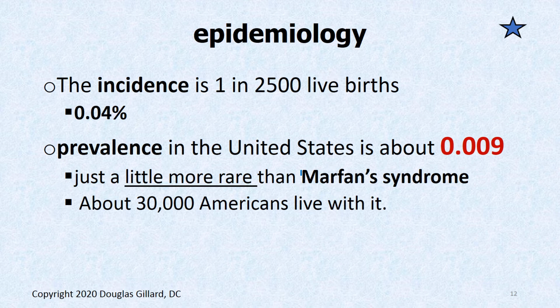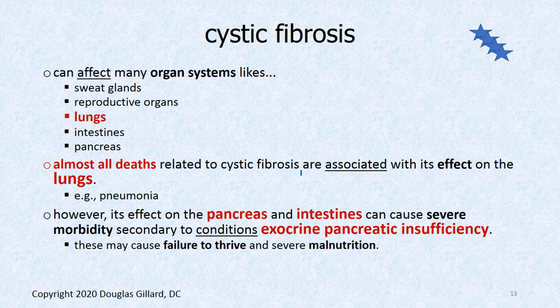Epidemiology is about 0.04% of the population, so still much more common than Marfan syndrome. Prevalence in the United States is about like Marfan syndrome, about 0.01%. So just a tiny bit more rare than Marfan syndrome. As we've already talked about in GIGU, it affects many different organ systems.